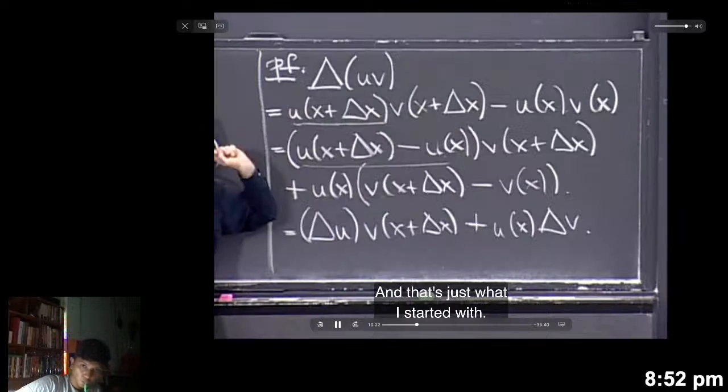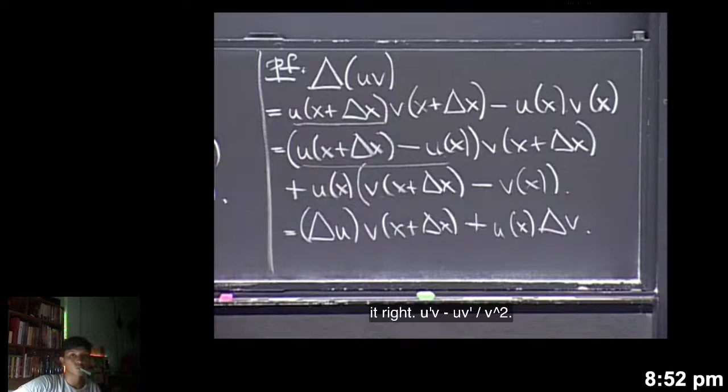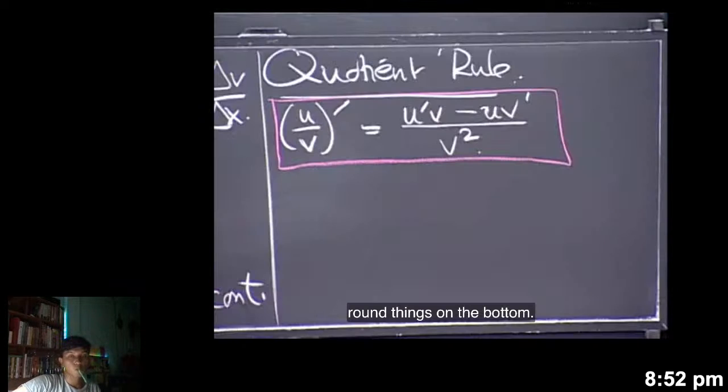That's what delta u is. It's the change in u, and this is u times delta v.